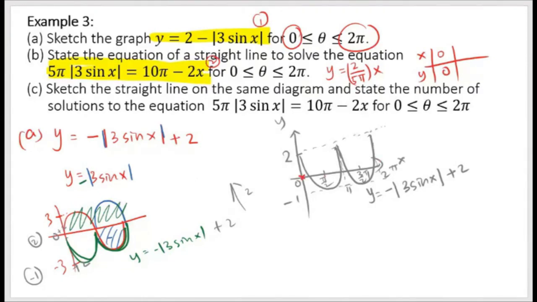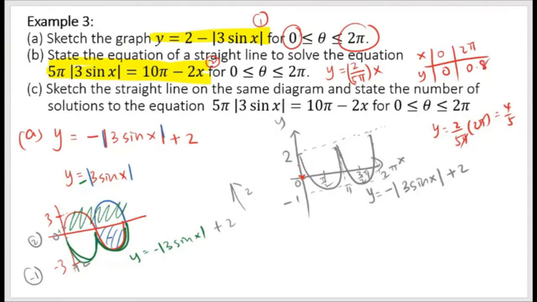Then the second one, what value do you want to choose? Maybe you can choose pi or 2 pi. If I choose pi, it is 2 over 5. Let's say I choose 2 pi. So x equal to 2 pi, y equal to 2 over 5 pi times 2 pi, which is 4 over 5, 0.8.